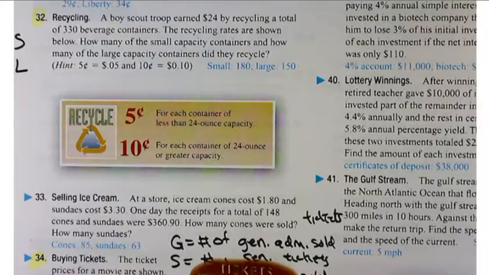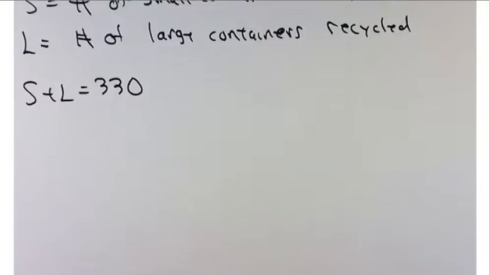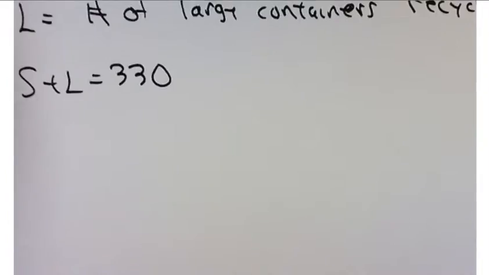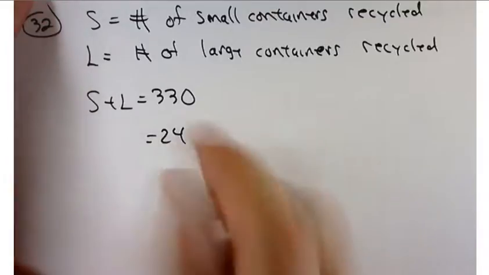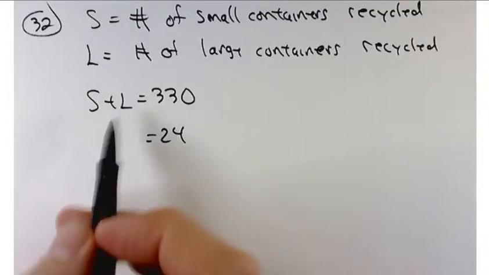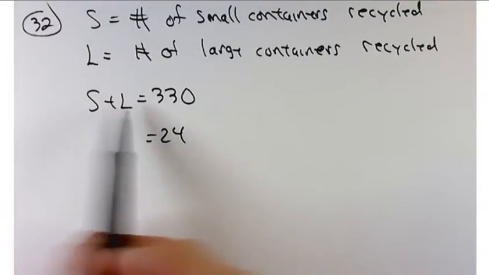Is there some numbers in this problem we haven't used yet? $24. We haven't used the $24, right? All right, so how do they get that $24? Not quite. So the $24, it's not just S plus L, right? Because that's the number of containers recycled.